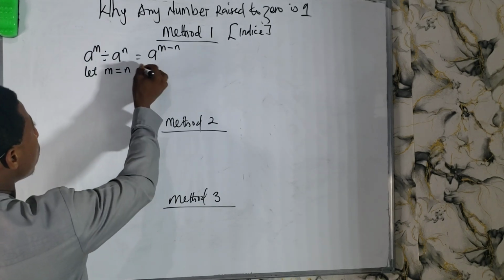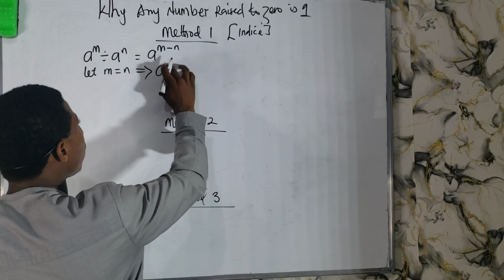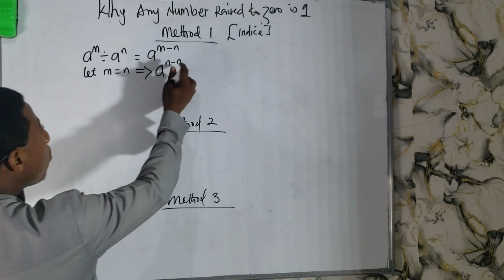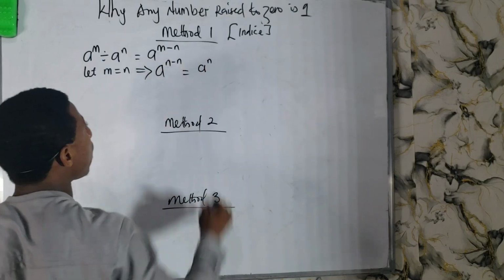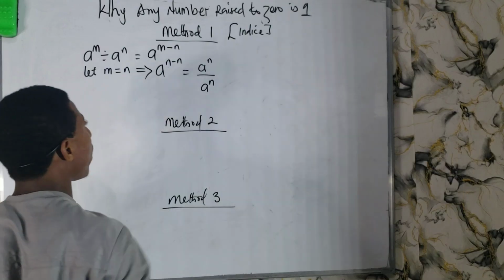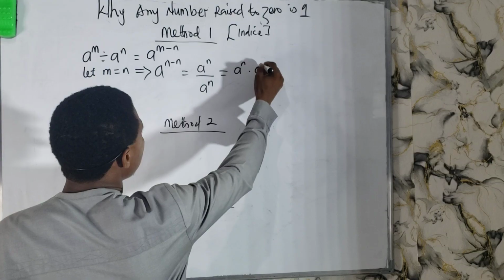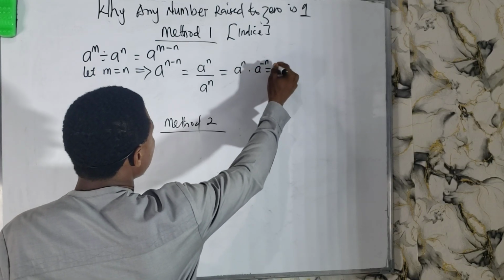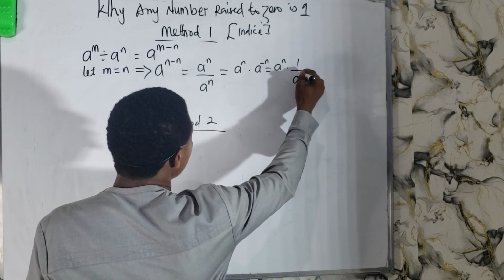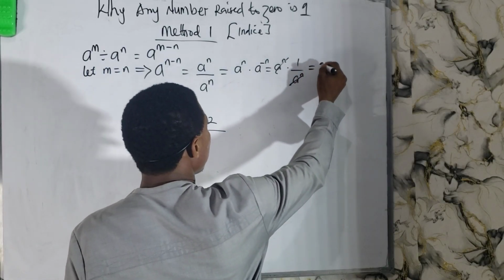So this implies that a raised to power n minus n, which can be written as a raised to power n over a raised to power n, or a raised to power n times a raised to power negative n, which is a raised to power n times 1 over a raised to power n, where this will cancel this and give you the answer, which is 1.